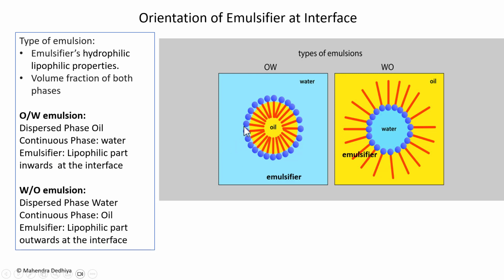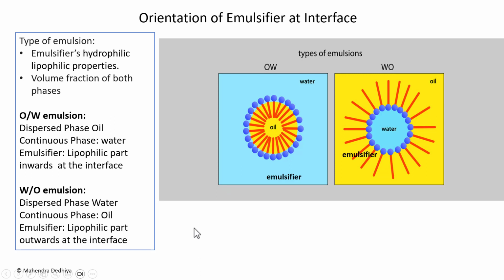Emulsifier's orientation is shown here. The lipophilic part is inward at the interface, and that's miscible in oil portion of the emulsion. In water and oil emulsion, dispersed phase is water, and the emulsifier's lipophilic portion is outward at the interface, as shown here.